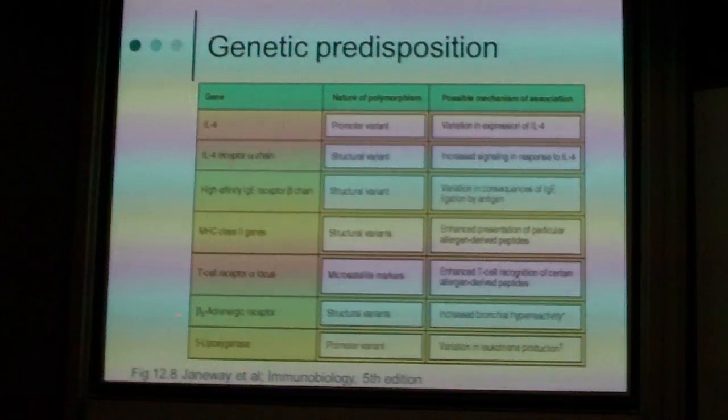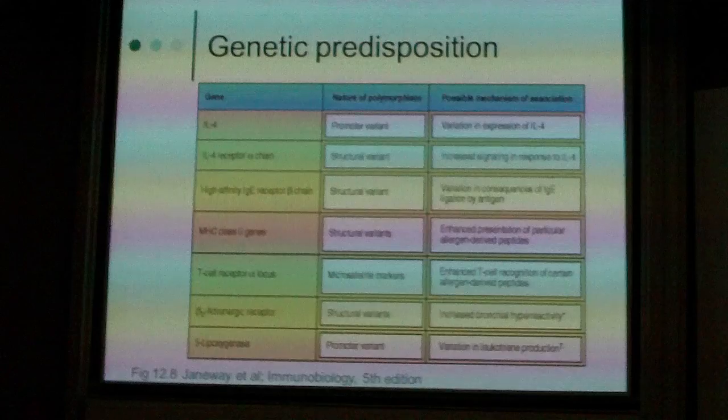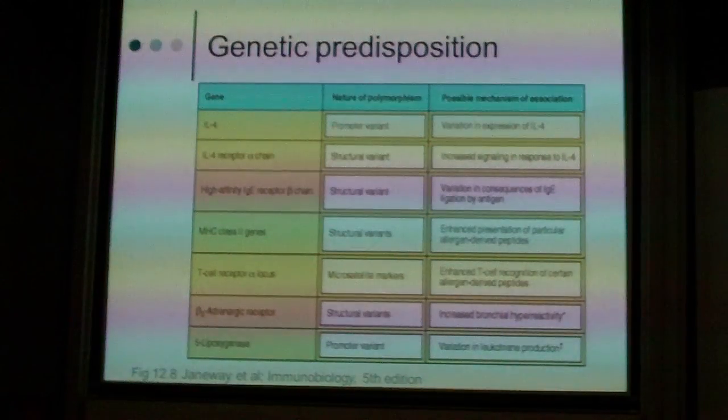And also the 5-lipoxygenase, which is one of the important molecules, and maybe variation in this lipoxygenase leads to variation in leukotriene production. And you noticed before that that's an important mediator of allergic reactivity. So background, genetics, is important.